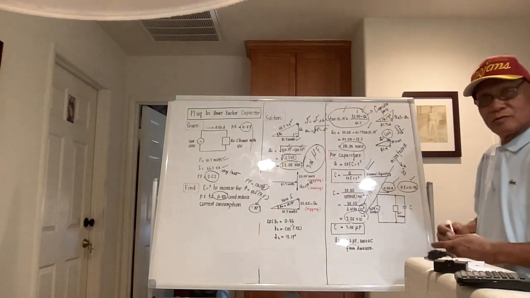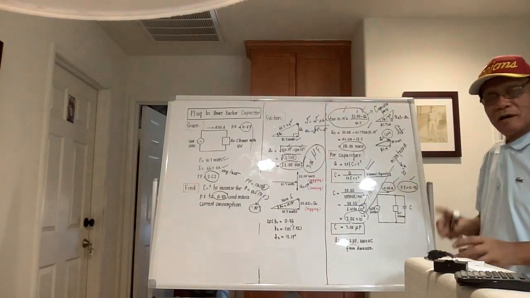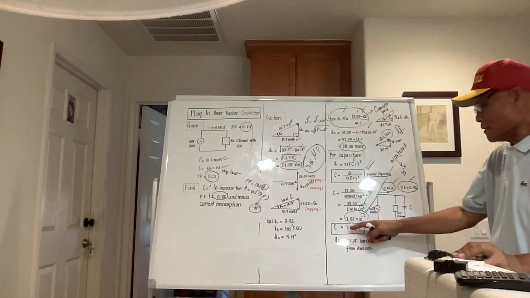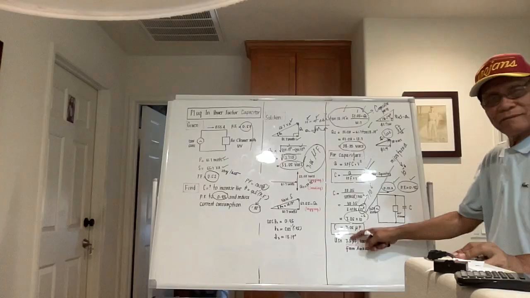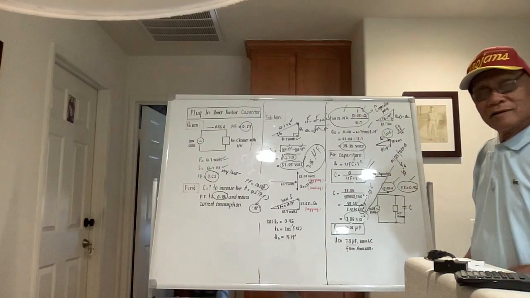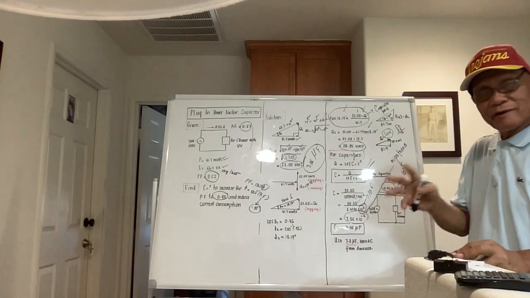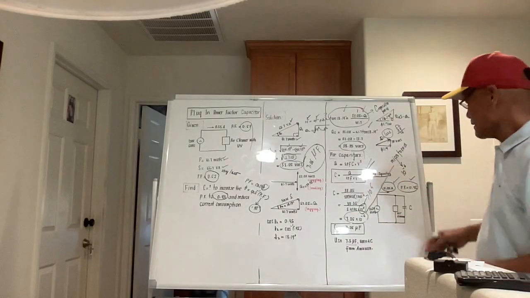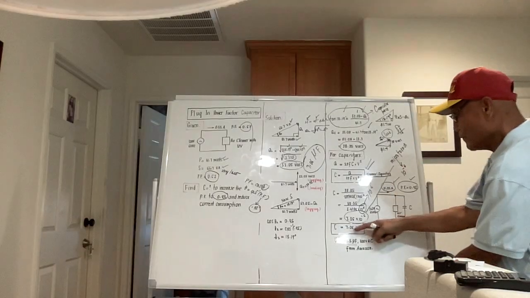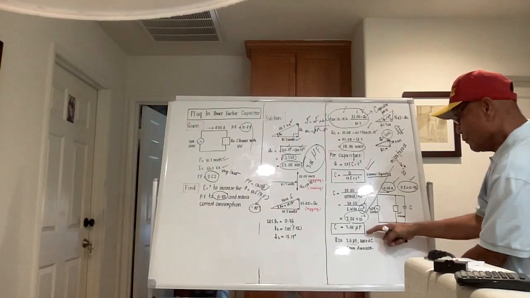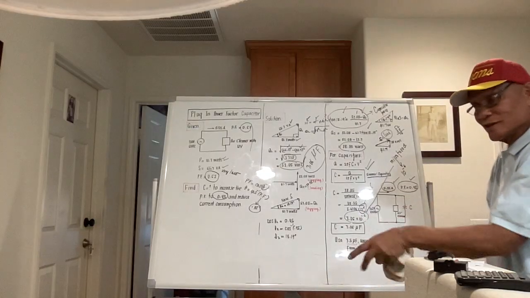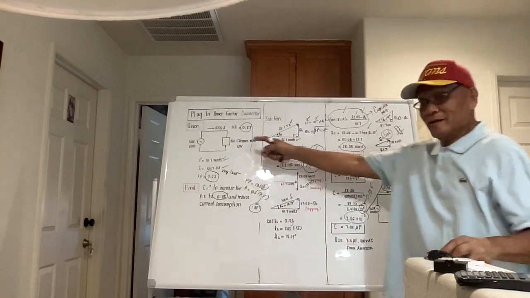So if we try to buy this, we should be buying a capacitor very near this value. I went to Amazon the other day. The nearest capacitor that they are selling is actually 7.5. So I bought a 7.5 microfarad capacitor, 400 volts AC from Amazon. That's the one I'm using on my air cleaner now.